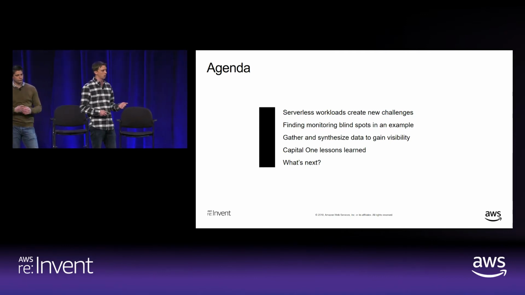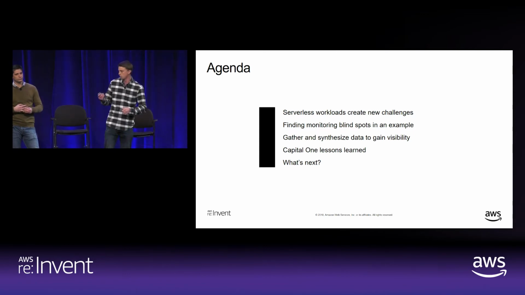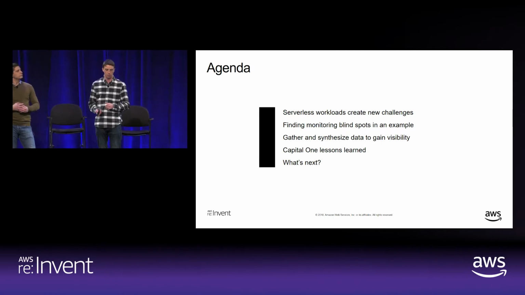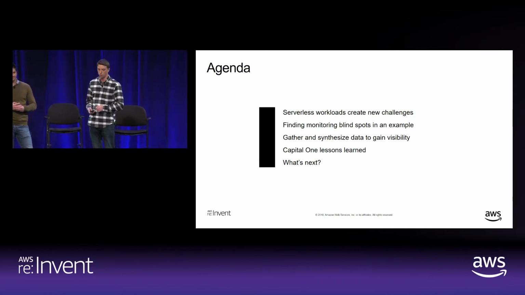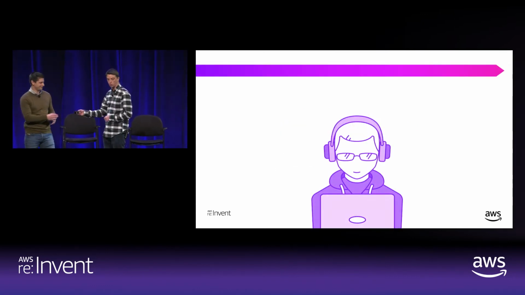The type of data that we're going to gather that we think is really important for you to gather and synthesize. A good session on Capital One lessons learned as they adopted Lambda specifically, and then a really quick what's next. So with that, I'll hand it over to Alberto, who's going to talk about serverless workloads.